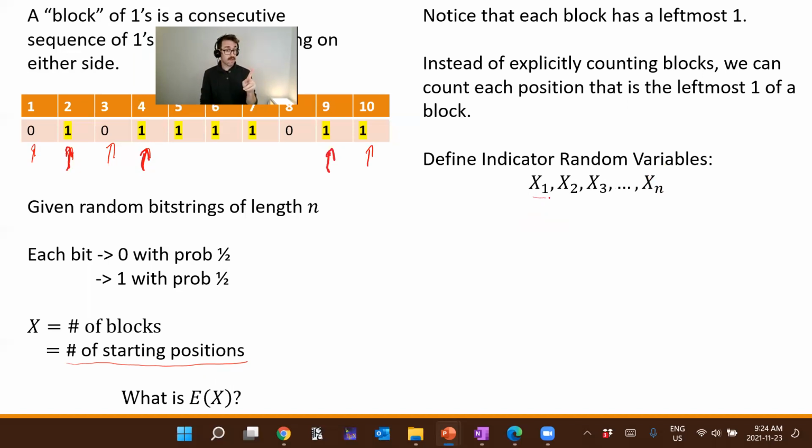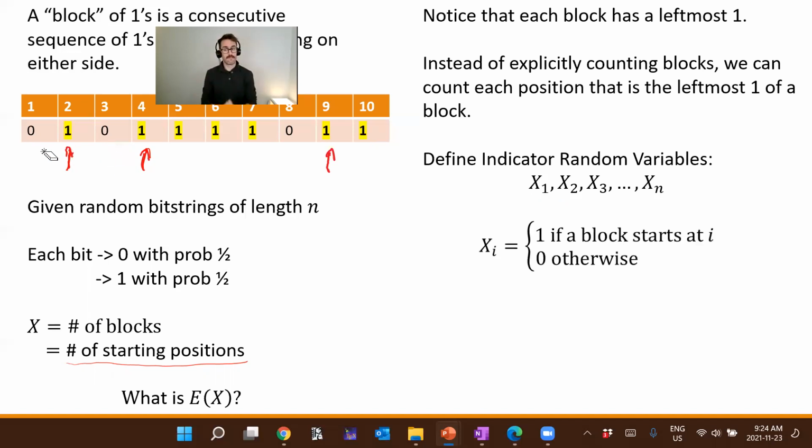So we need indicator random variables for each location in our bit string. The indicator random variable xi is equal to 1 if a block starts at location i and 0 otherwise.